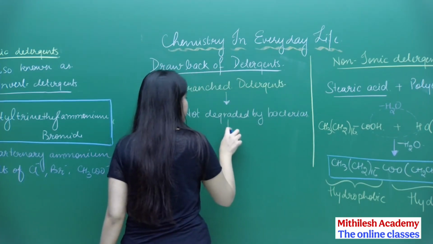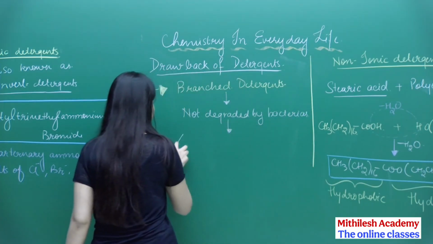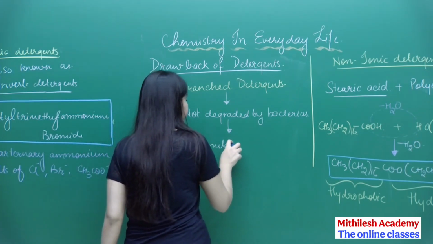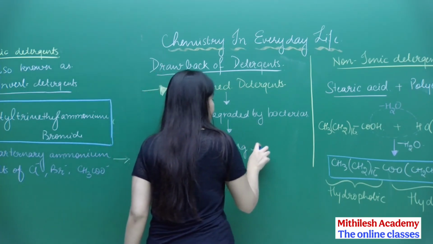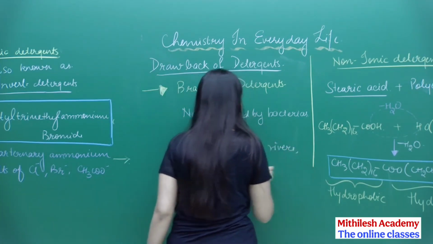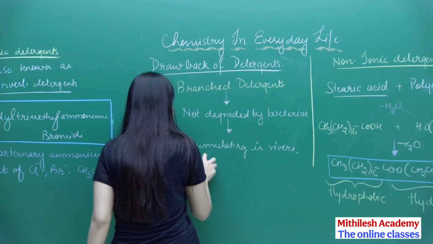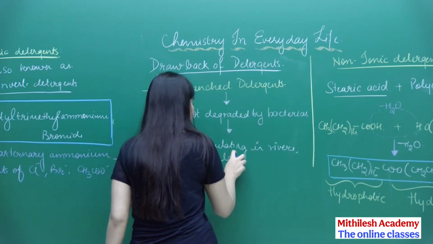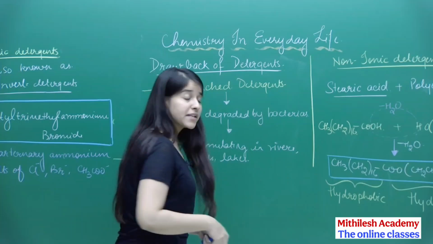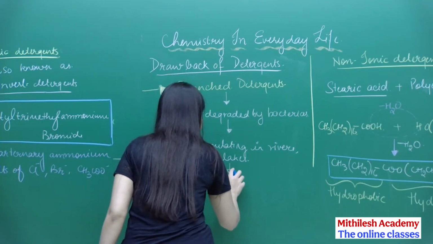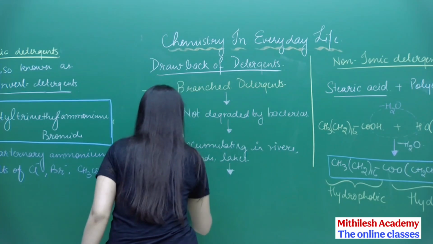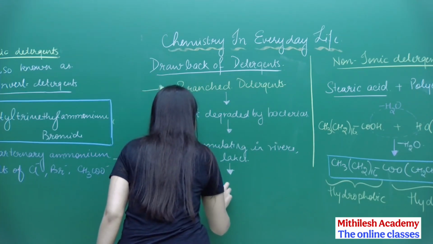That means what? Accumulating in rivers, ponds, lakes. That means what? Harming the marine life. So, they are in turn resulting in water pollution. So, that is a lot of water pollution generated.